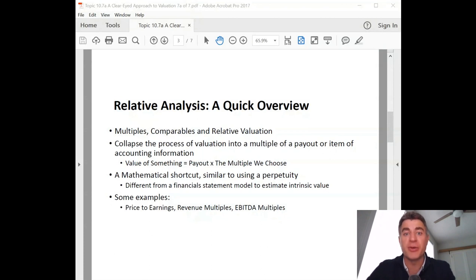This is meaningfully different from doing an intrinsic model of valuation, but they're both trying to estimate value. So that's where they're the same. In intrinsic value, which we've covered in the prior classes, we're walking through and saying, look, here's my estimate of the company's revenues and operating expenses. And we translate those to cash flows and discount them back and say, if I expect this financial performance, the revenues and expenses that drive cash flows, discount them back.